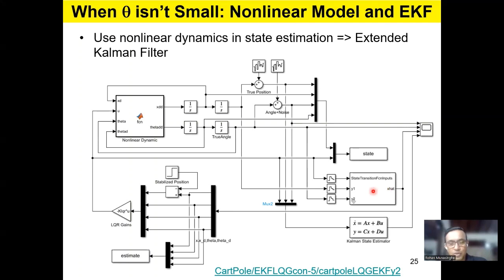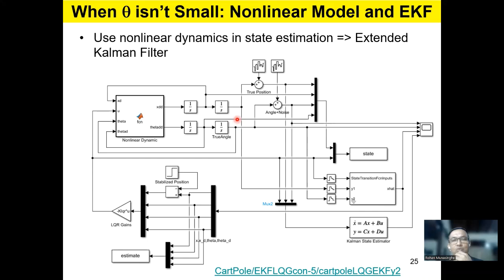Now I want to show you how you bring in an extended Kalman filter. There are a few things you need to know. Number one, in Simulink, this is how it looks. You can drag and drop the extended Kalman filter from the Simulink block library. Just drop it over here, and then you connect your control signal, which is this one, and your measurements.